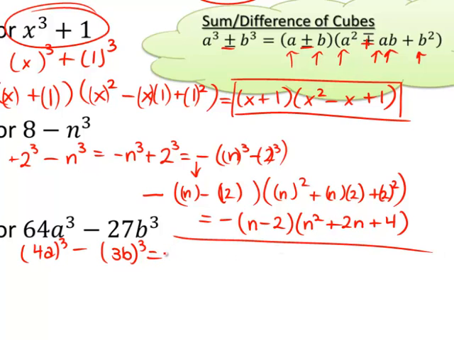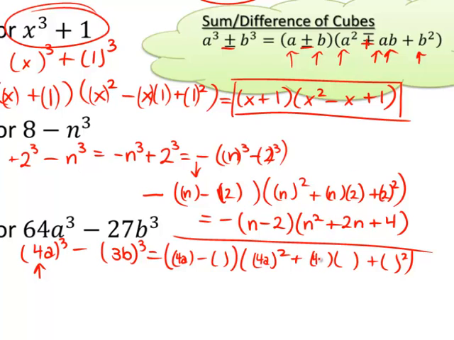So let's try that again. That's going to be a minus b and a squared plus ab plus b squared. Our a term is 4a, and that goes into wherever a was listed in the formula. And our b was 3b, just inputting that in there.